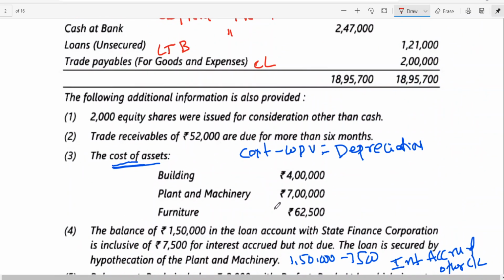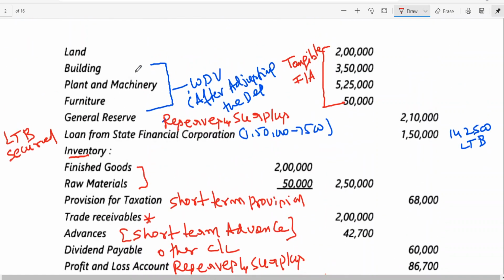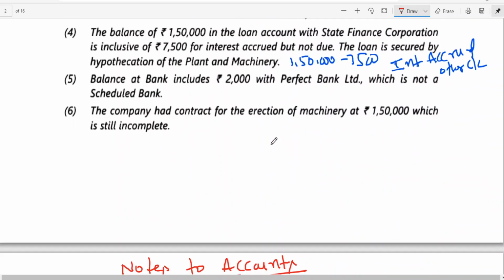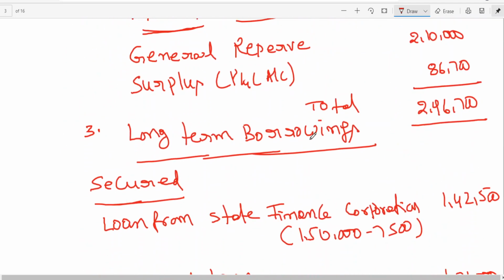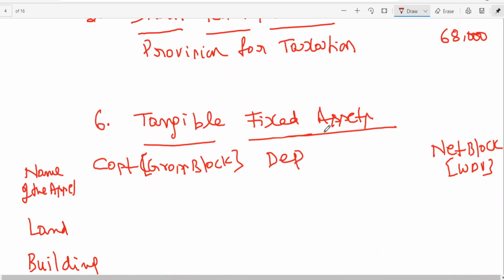You can see building 4 lakhs, plant, furniture. It means land has no depreciation. So land is appearing at cost price. Remaining assets are appearing at written down value. These values, including land, are to be taken here. Land cost 2 lakhs, depreciation nil, written down value 2 lakhs.